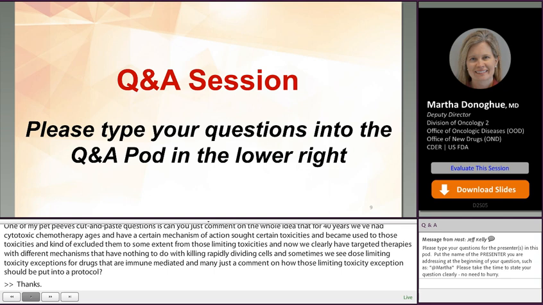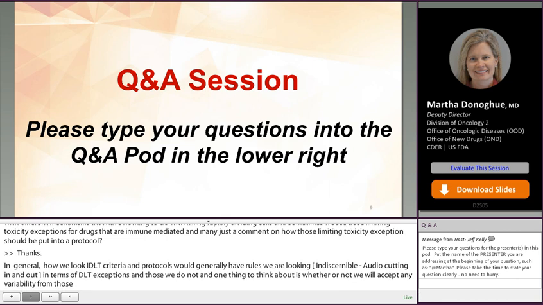And one thing to think about is whether or not we will accept any variability from those general grade 3, grade 4 rules is how likely adjustment or lowering of that dose will mitigate patient risk, number one. Number two, whether there are other circumstances that can mitigate the potential seriousness of any grade 3, grade 4 DLT that could occur.